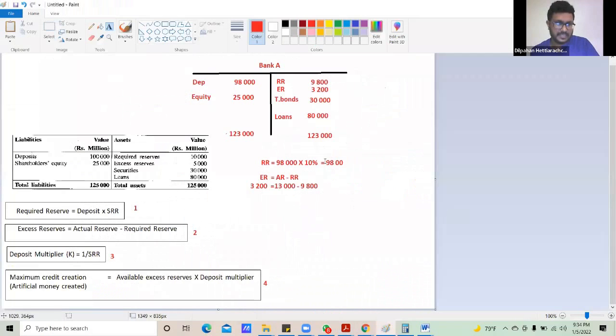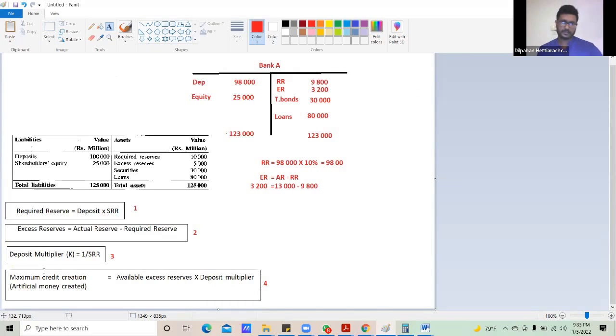So for the banking system, we can use the third and fourth equations. Whatever credit creation calculations you receive, you can do from these four equations. Trust me, you can do any calculation. So this one also can be done with number 3 and number 4.